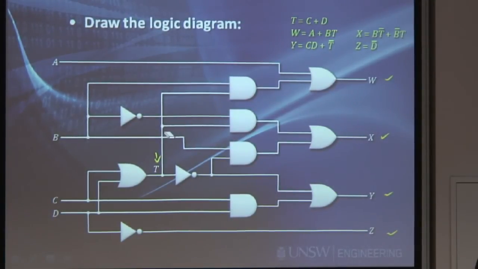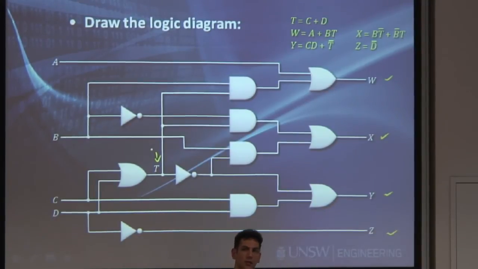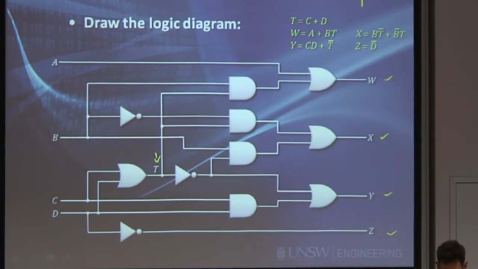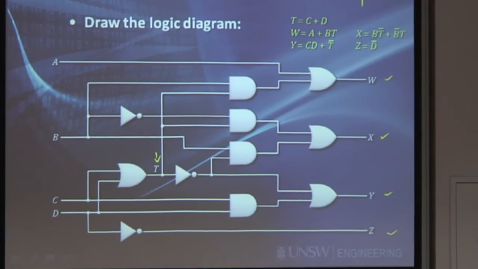I'll erase the arrow, but around this area here, we have two wires crossing each other, but they're not actually connected to each other. Now, a lot of times in electric circuits, you might see something like this. I'm not a huge fan of this notation, but it helps to show that the two lines are not actually connected together.